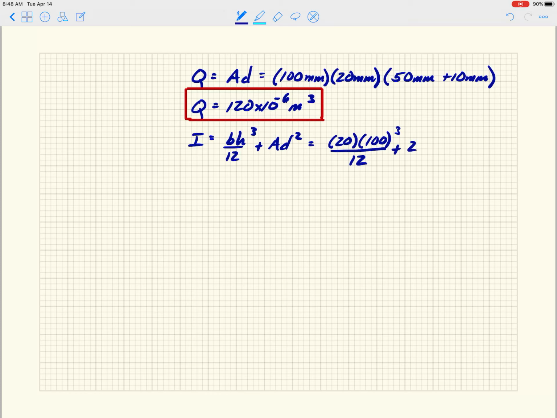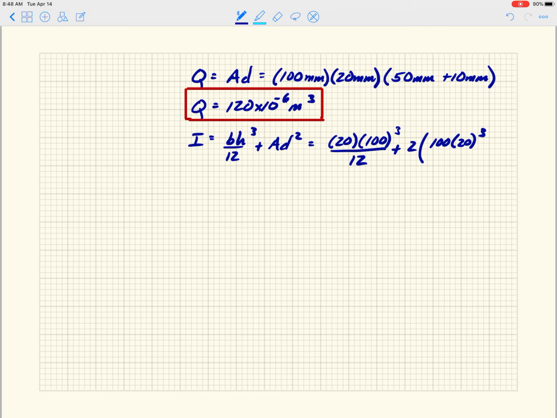And then we're going to have two flanges, so I'm going to multiply this by 2. That's 100 times 20 divided by 12. And then I'm going to add my AD squared term, which is 100 times 20 times 60 squared, like that.